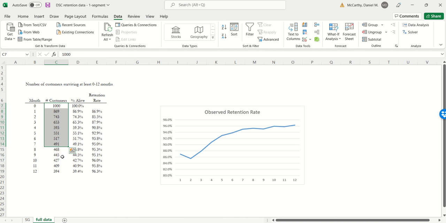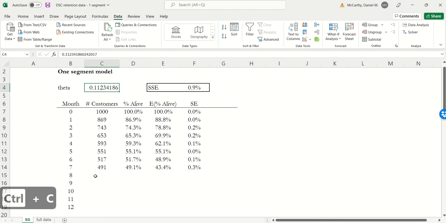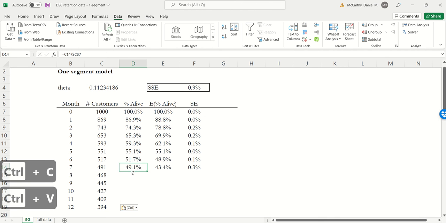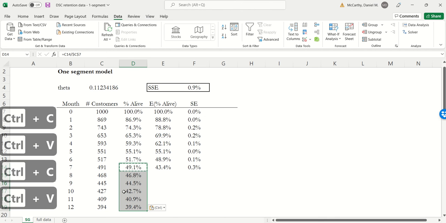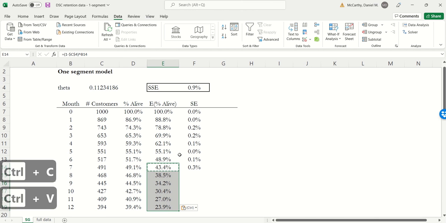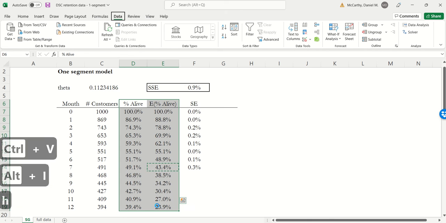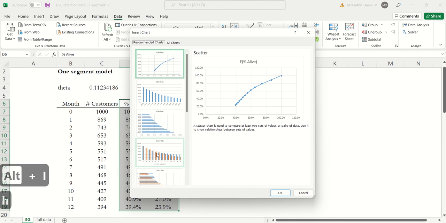Now let's see how well we did. So let's take that data from our holdout period. Let's get the proportion of the cohort that was alive in those months. Let's get what we would expect the proportion of the cohort that's alive to be. And then let's just compare expected versus actual.